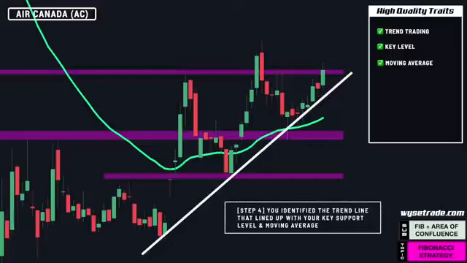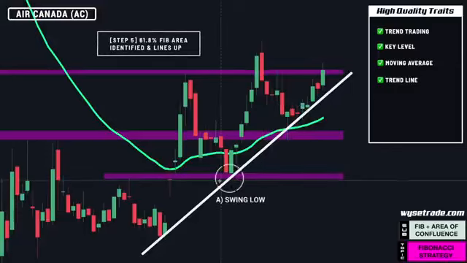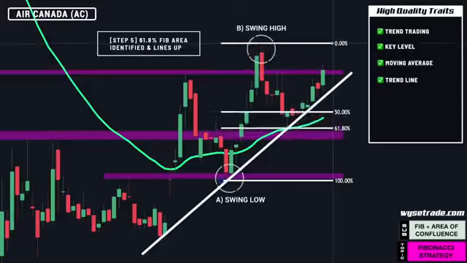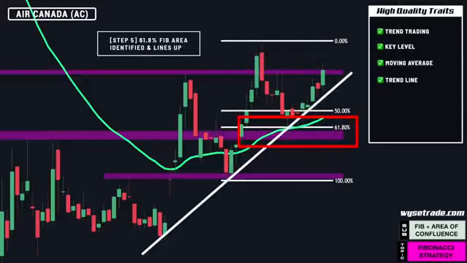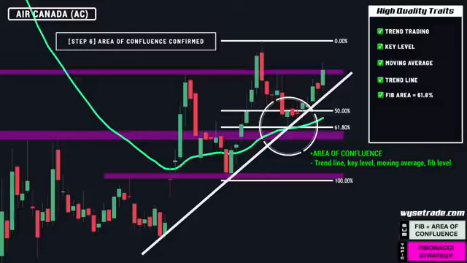The trend line also perfectly crosses with your key level and moving average. With the fib tool, click at the swing low here, drag it to the recent swing high. The 61.8% fib area lines up perfectly. This then gave you an area of confluence, making this a high quality long trade opportunity.